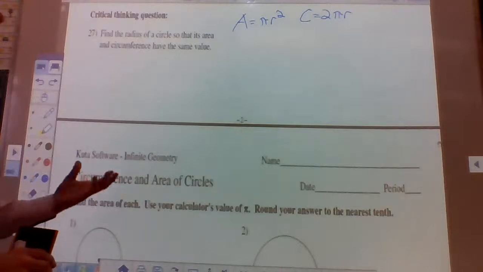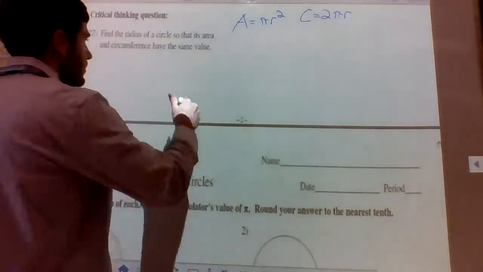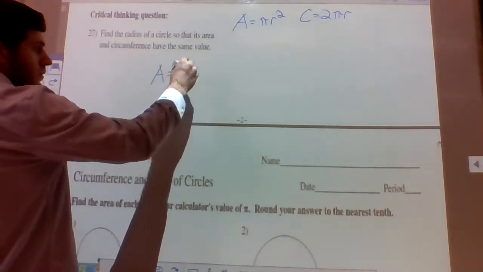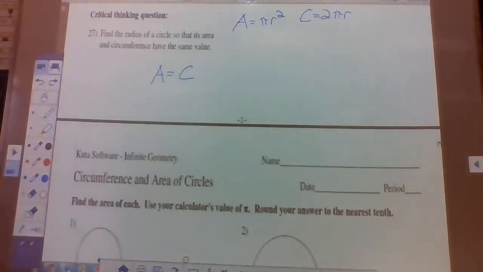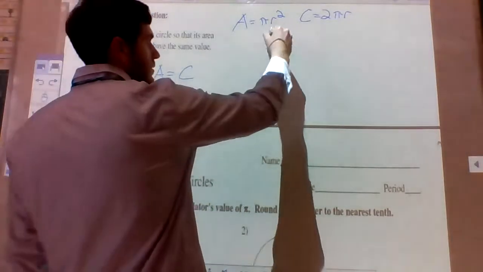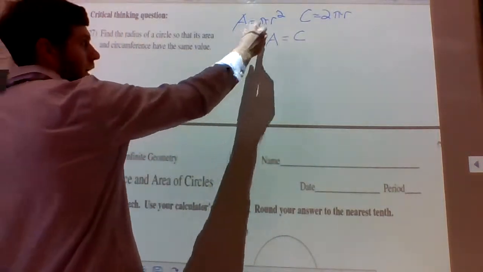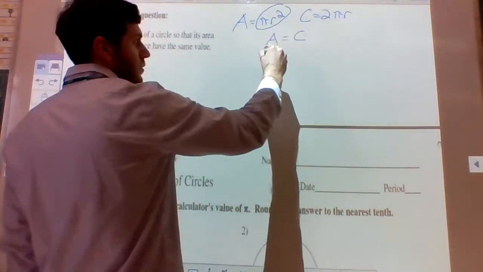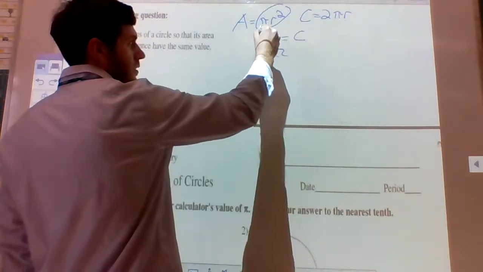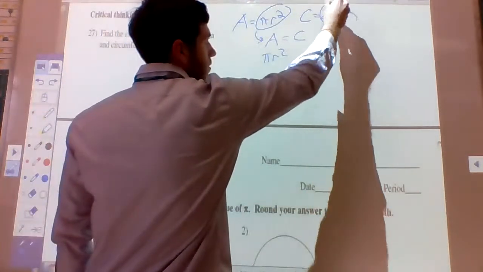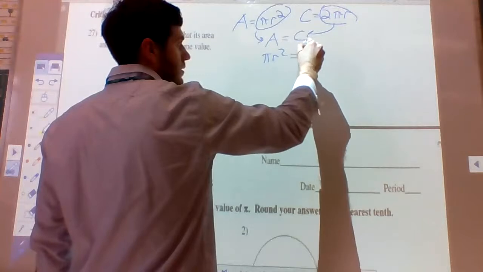So if the area and the circumference have the same value, then A is going to equal C. Right? We know A is pi r squared. And we know C is 2 pi r.